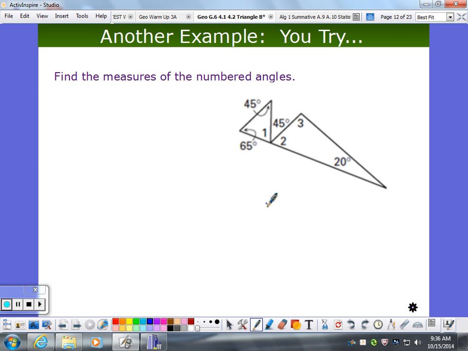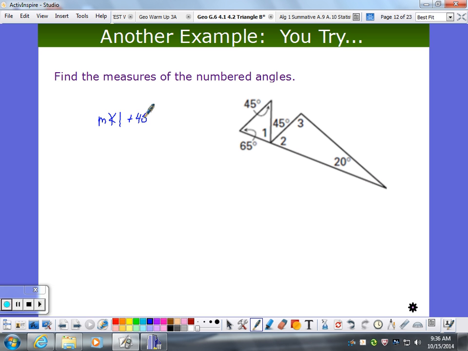First, let's find angle 1. How do I find angle 1? Right, the triangle sum theorem states that all the angles add up to 180.